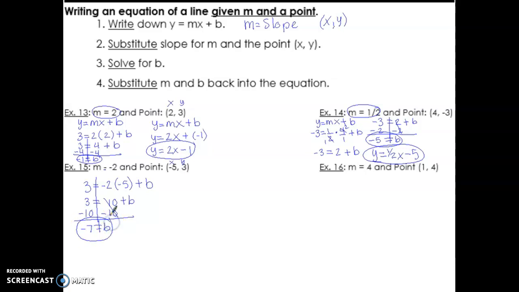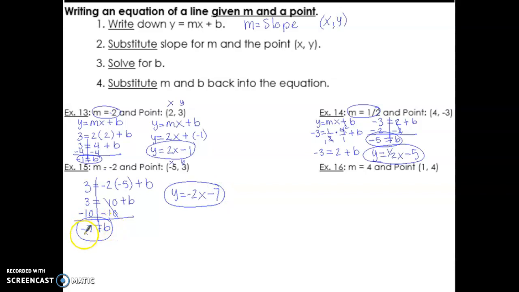So b is -7 and m is -2. So our answer is y is equal to m, which is -2x, plus our b, which is -7, so that's going to be a subtract 7.